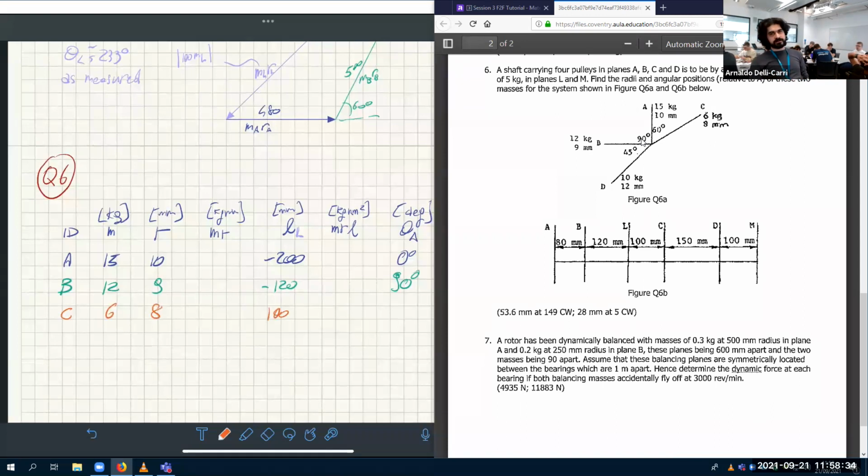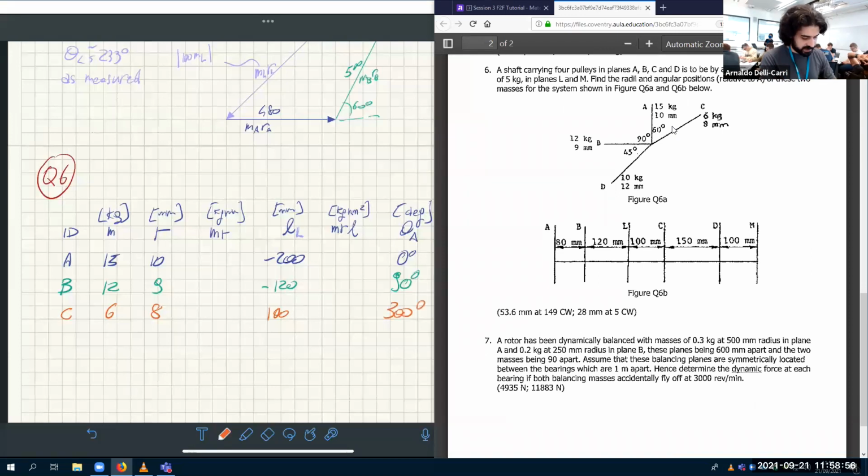Minus 60, or since we want the angles to be all positive, 300, because it's 360 minus 60. So 300 degrees. There you go. Minus 60 is also acceptable, but since we have always used positive angles, let's stick to it.